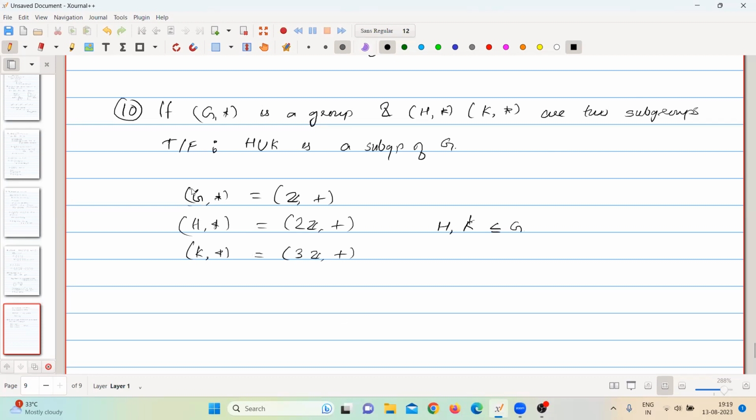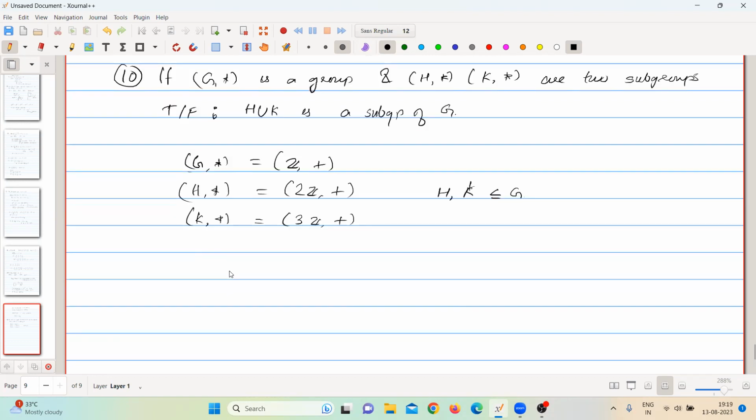Okay, now let us just go with this example. So why I am taking this group is, I need to prove it is false. So I need to find suitable groups H and K such that H union K is not a subgroup. So what will be H union K?